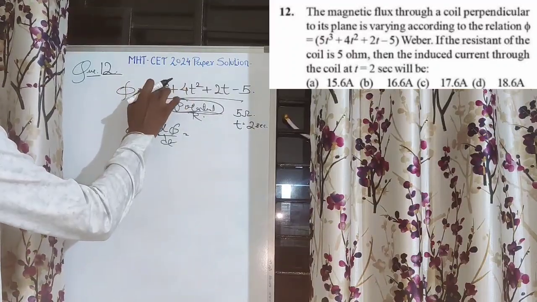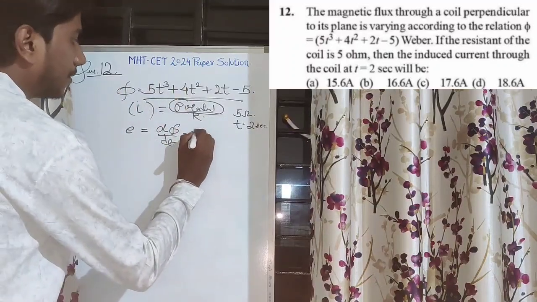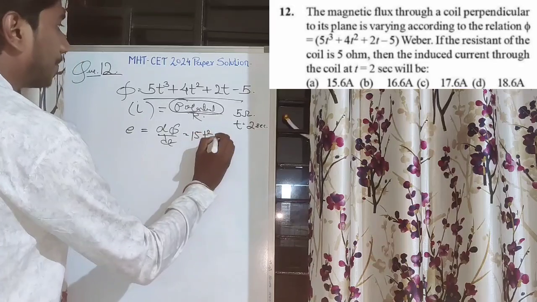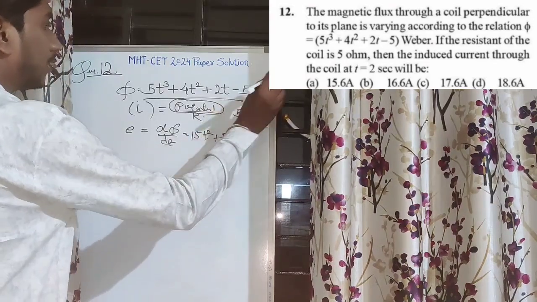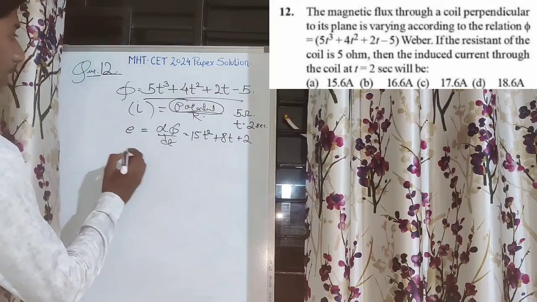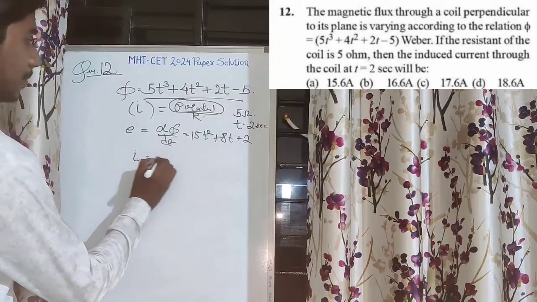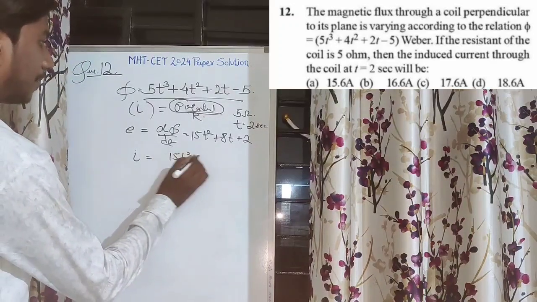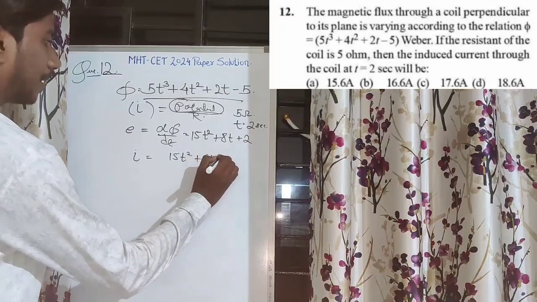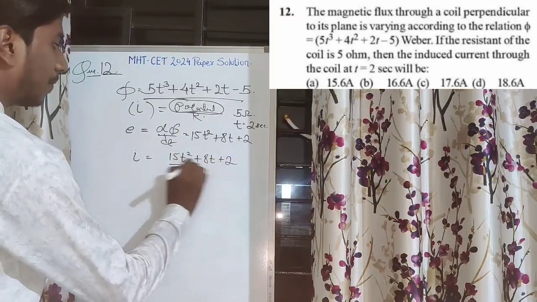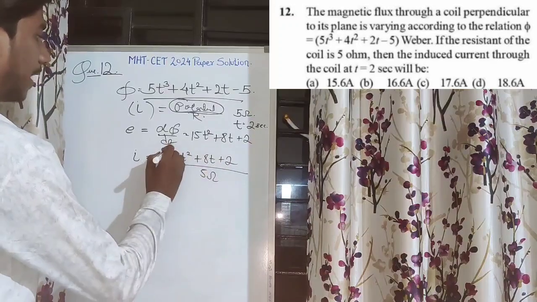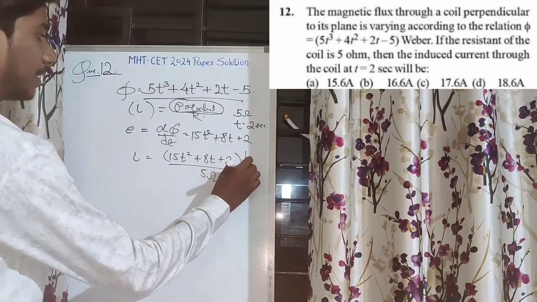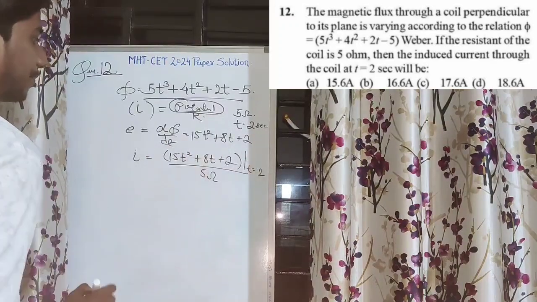The derivative gives 15t square plus 8t plus 2, and the constant becomes 0. And I is simply 15t square plus 8t plus 2 upon this R, which is 5 ohm. This value is at t equals 2.